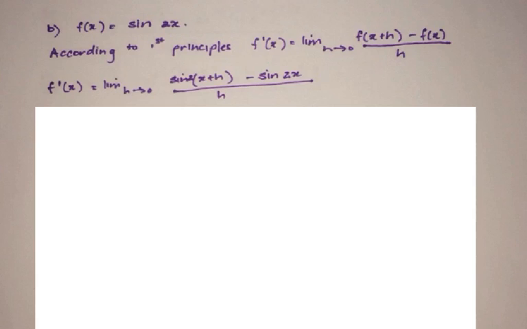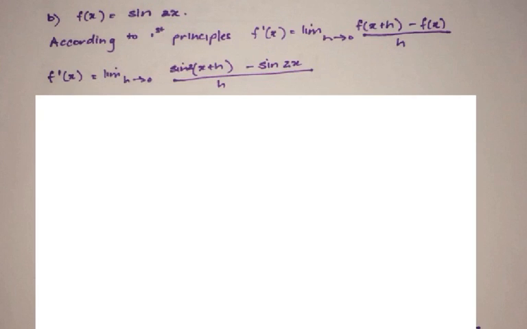Right? So f of x plus h becomes sine of 2 times x plus h. F of x, of course, is our sine 2x, and then all of that is divided by h. So now what we're going to do is expand our brackets. So we're going to multiply out this sine of 2 times x plus h.